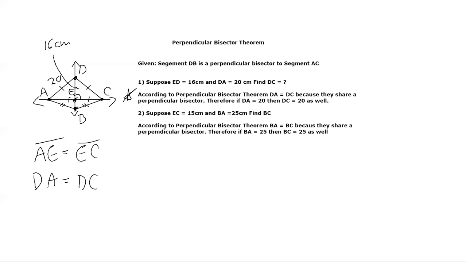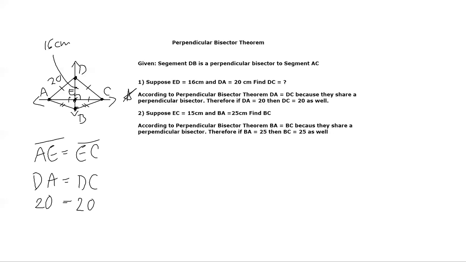Now, if we know that DA is 20, that means that DC has to be the same thing. According to this theorem, it's 20. So because they share a perpendicular bisector, we know that DA is 20, then DC has to be 20 as well. That's what the theorem tells us.